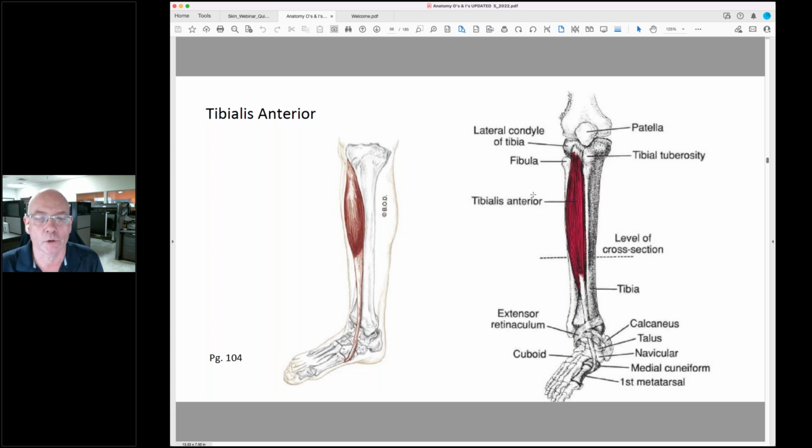And your tibialis anterior is taking some brunt from that, and it's basically tearing away from the tibia, okay?